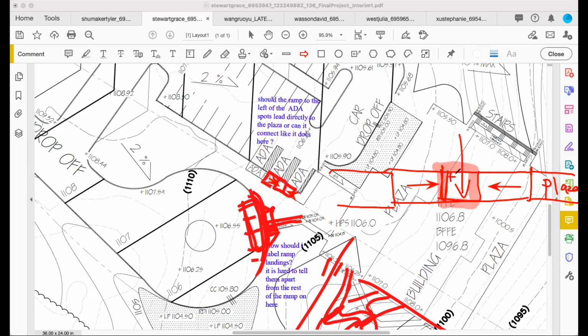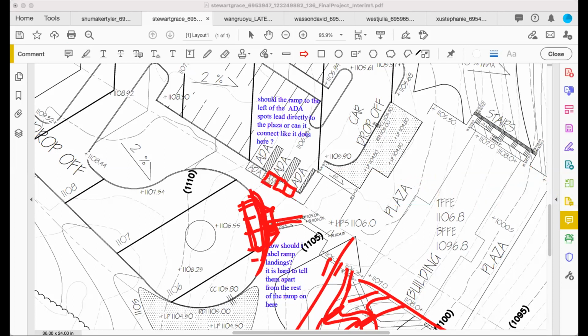So that will be your bottom of the ramp. This will be the top of the ramp. So this is the second type of curb ramp that Stuart showed. You should be able to find an example in that slide. Okay, so that's that.